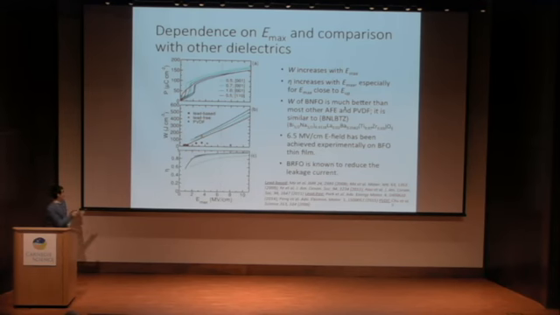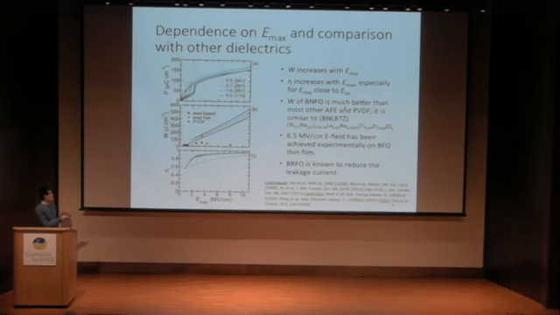If we compare the energy density of BNFO with other same type materials that have been found to have good energy densities, we see that BNFO is much better than those lead-based antiferroelectrics. It is those dark squares. It is also much better than this polymer dielectric, this so-called PVDF.